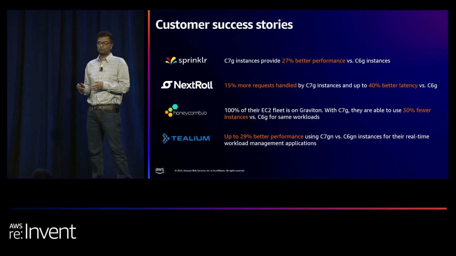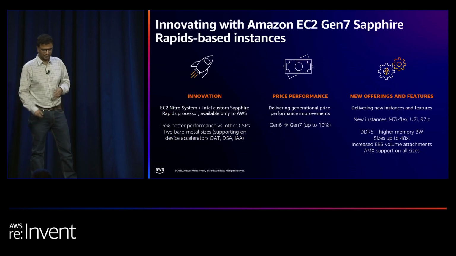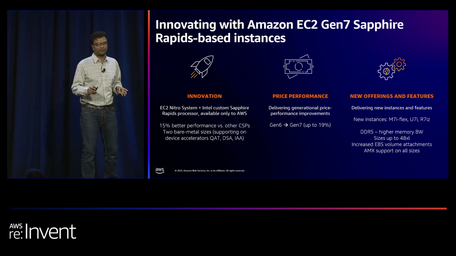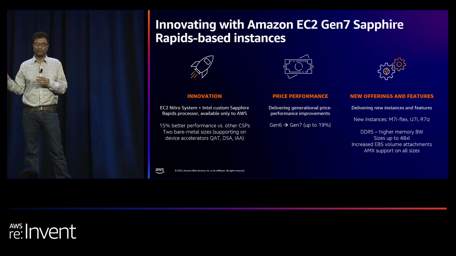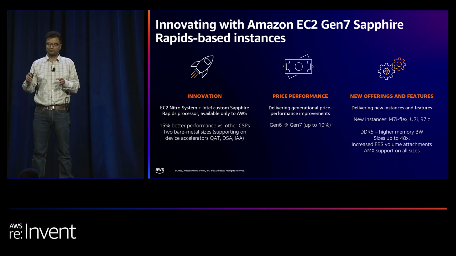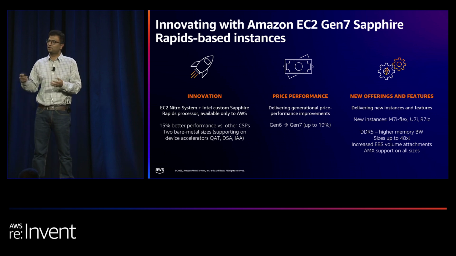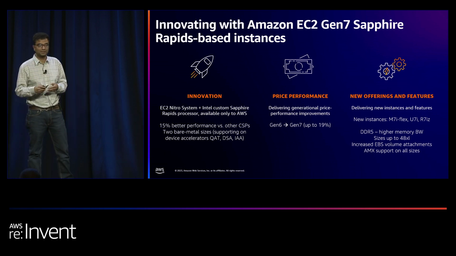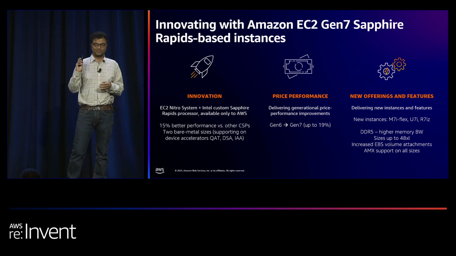Next, I would like to talk about the innovation across the Intel swim lane. AWS has been partnering with Intel for the past 17 years, the longest of any cloud vendor. In this partnership, AWS and Intel's leadership teams, engineering teams, and many other cross-functional teams have been engaged ever since AWS launched its first EC2 instance in 2006.